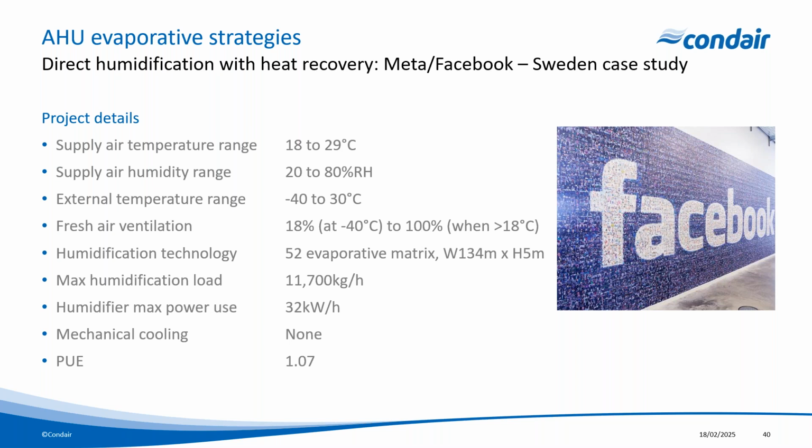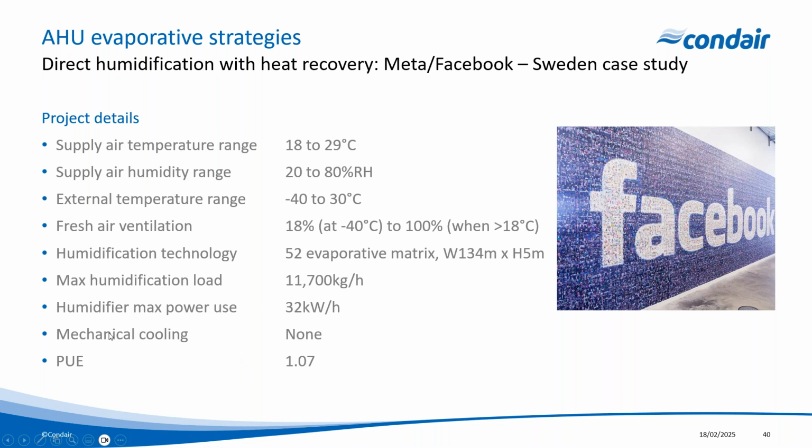And we supplied 52 evaporative systems with a max humidification load of about 11,700 kilograms per hour and a total humidifier power consumption of only 32 kilowatts. So you can see with the size of this system, we were able to supply a significant amount of humidification with very, very little energy use required from the humidifiers themselves.